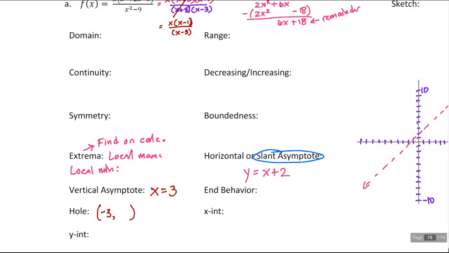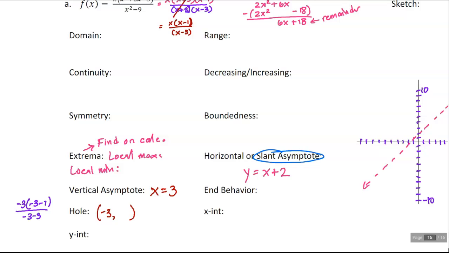So now is as good a time as any to finish finding the hole. All I have to do is take that -3 and plug it into the factored version of our problem. So we have -3 times -3 minus 1 over -3 minus 3.